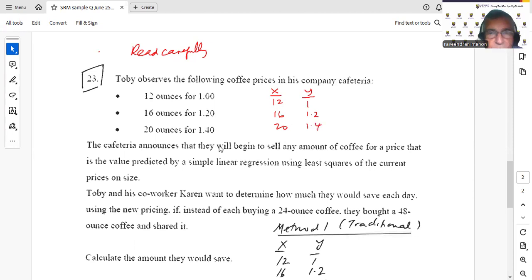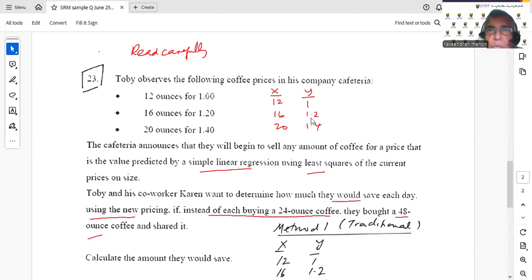They tell you that they will begin to sell any amount of coffee for a price that is the value predicted by simple linear regression using least squares of the current prices on size. Toby and the co-worker want to determine how much they would save each day using the new pricing if instead of each buying a 24 ounce, they bought a 48 ounce and shared it.